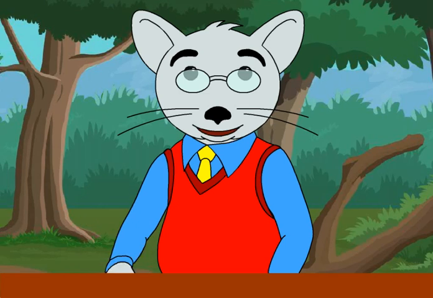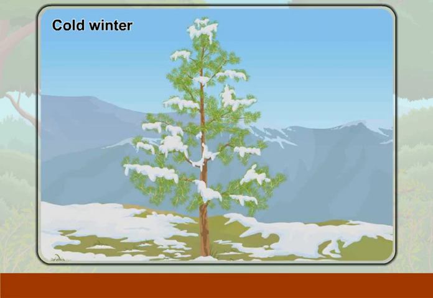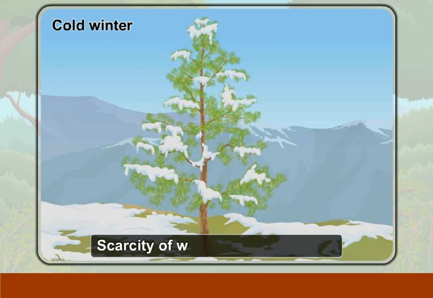Do you know how these needle-like leaves help the pine tree in high altitude? Well, let me tell you. In cold winter, there is less rainfall. Due to this, during winter, there is scarcity of water in high altitudes.